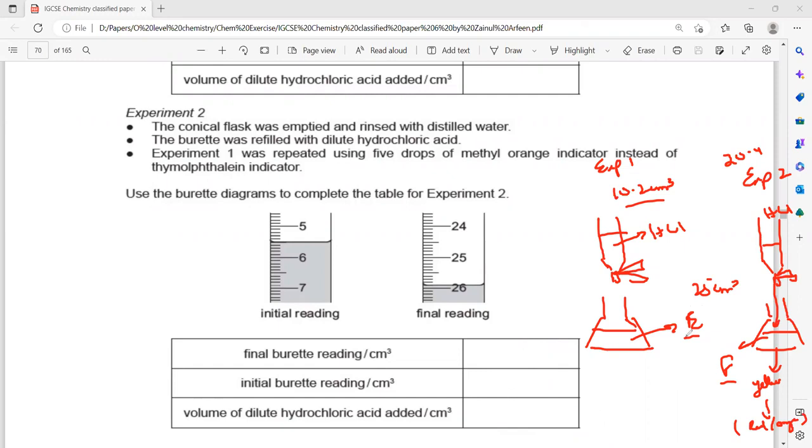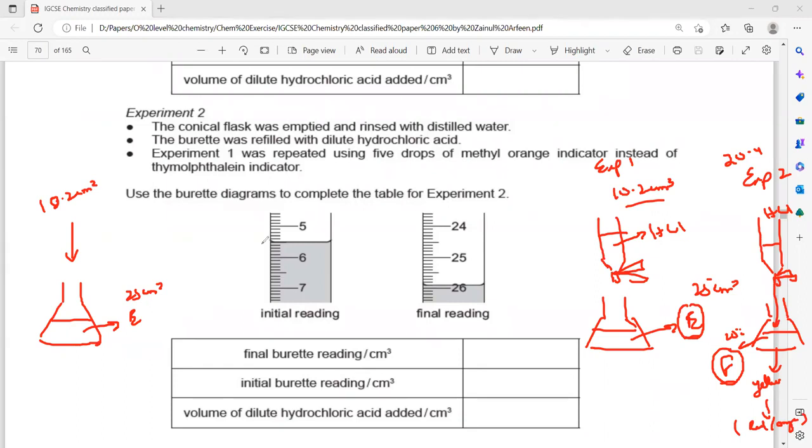Why? Because you took 25 cm cube here and 25 cm cube here. For E, the 25 cm cube of E, this time the unknown solution is in a conical flask. How much HCl is needed for a complete reaction? The known solution, 10.2 cm cube of HCl.